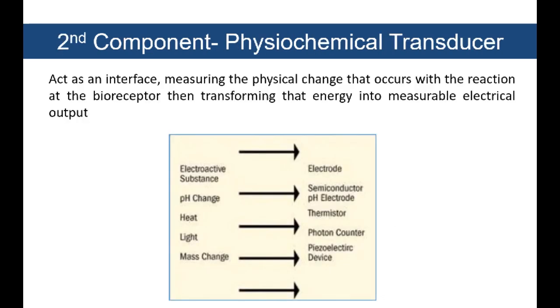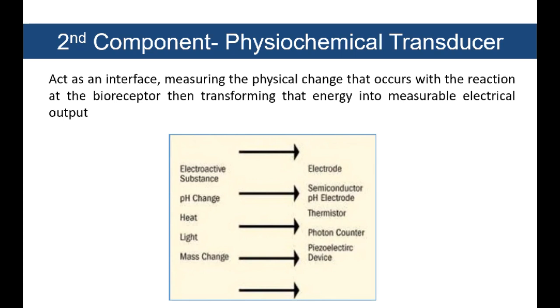The second, very commonly used and important element is the physicochemical transducer in the biosensor. This physicochemical transducer acts as an interface that measures the physical change which occurs at the reaction site of the bioreceptors and transforms that energy into a measurable electrical output.